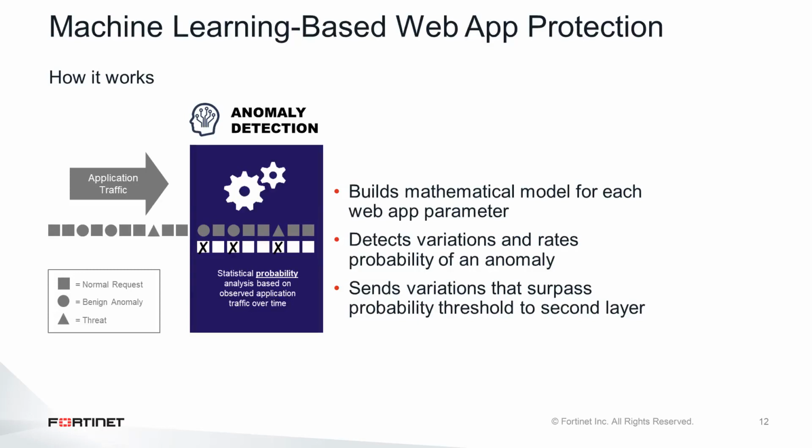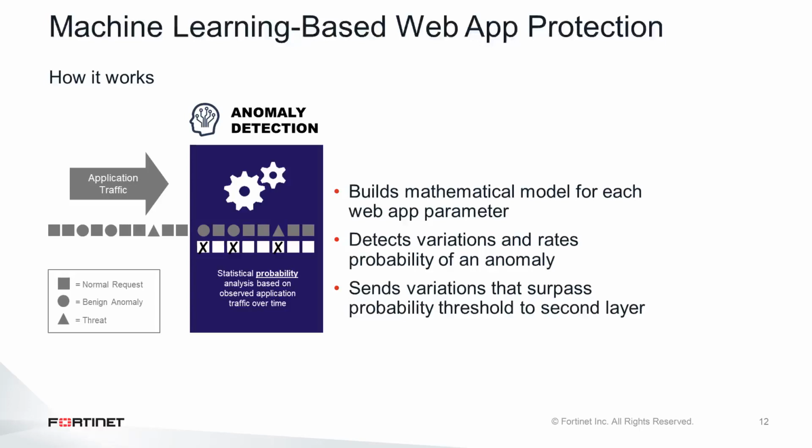Additionally, with machine learning, every request gets a probability value, which is different from a yes/no match to an existing learned profile. FortiWeb uses probability and argument length as two learning dimensions. Other dimensions might be added in the future.